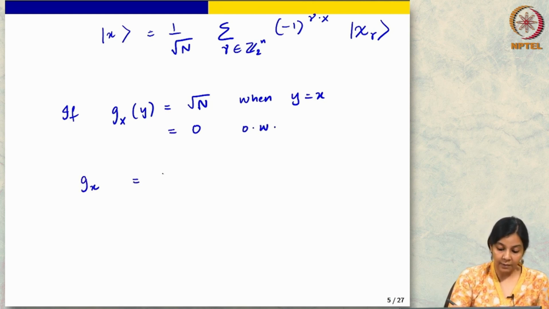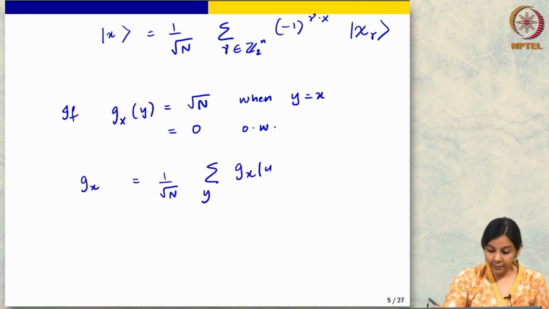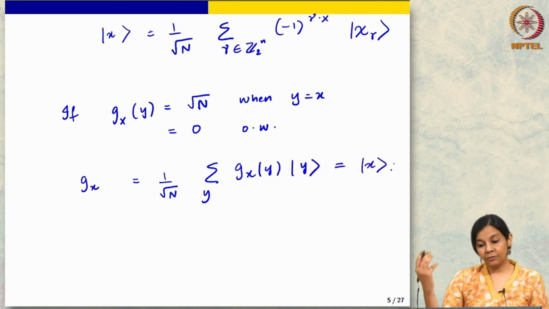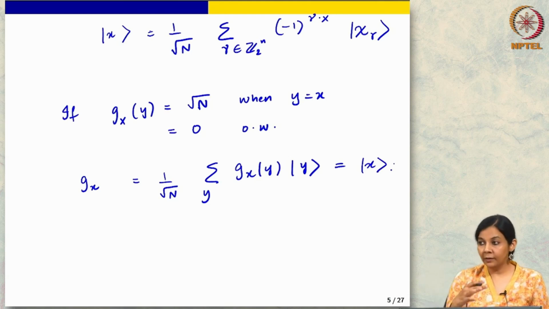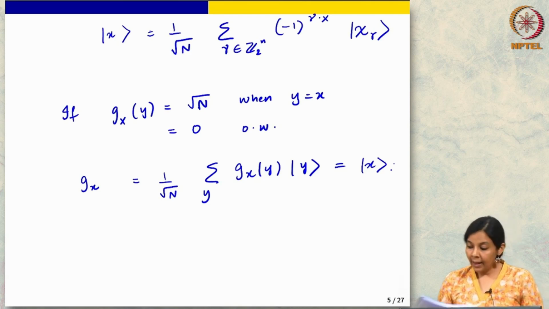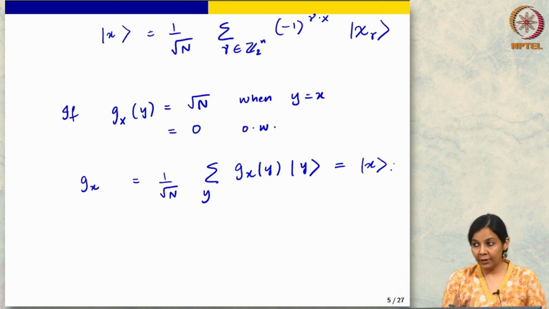The vector representation will look like summation over y of gx y times y, and this is nothing but x. So in general we think of functions, but of course this will capture general states as well. And we saw multiple examples of how to use this Fourier transform.